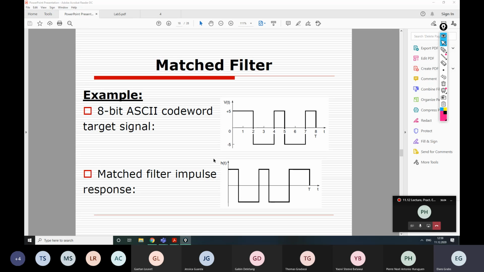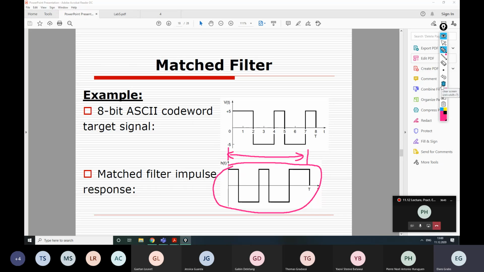And that's quite easy to do in simulations, in theory, but of course there are some problems when we try to make such filters practically, especially considering that we are using high frequencies and we need analog filters. As I have already told you, we cannot really create a precise analog filter with this impulse response, because analog filters have infinite impulse response, and here we have specified how long this impulse response must be.